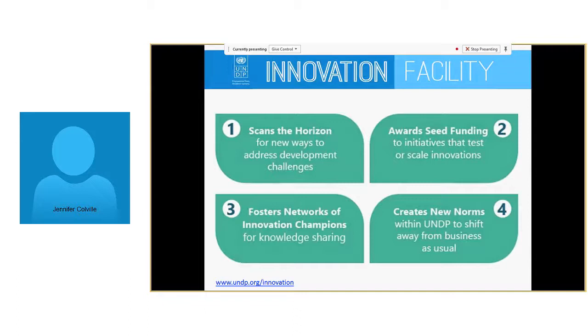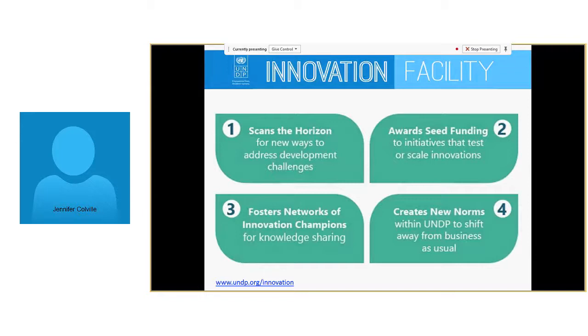So with that, UNDP launched its innovation facility in 2014. It was really motivated by the fact that many of our country offices were in some kind of transition, economic, political or social, and they were looking for UNDP to bring a new set of services to them.